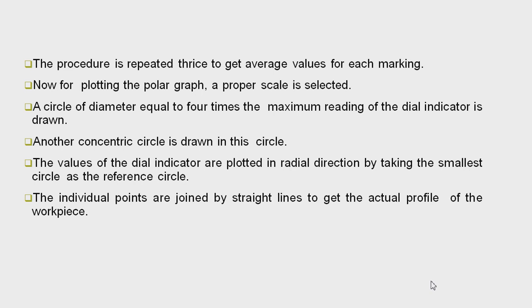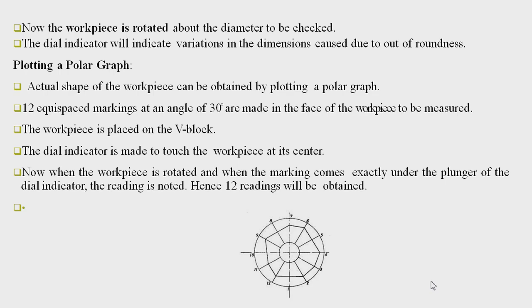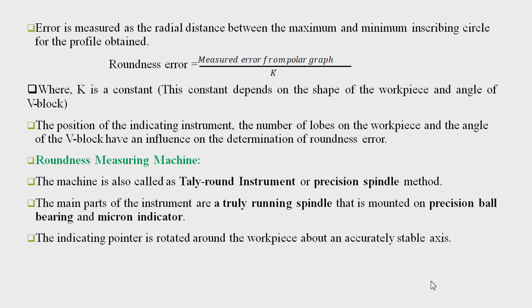The values of the dial indicator are plotted in the radial direction by taking the smallest circle as the reference circle. Means we will be taking the smallest circle perimeter as the zero point. The individual points are joined by straight lines to get the actual profile of the workpiece as shown in figure.